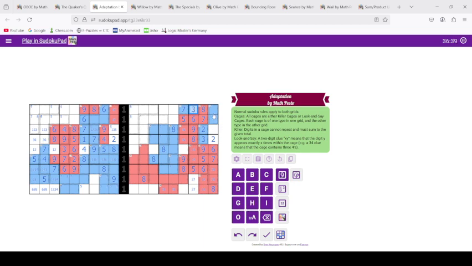Then we have 4 and 5 to go. As well as a 1. This is not a 7, so these two are 7s. This is not a 7, that is a 7. One of those 3 is a 7.